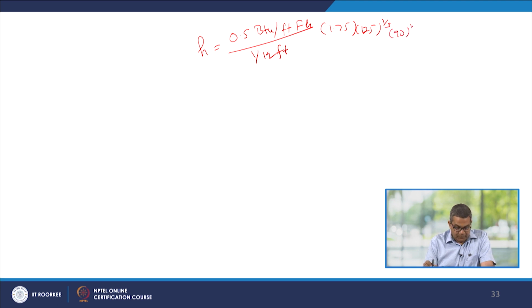So, putting all values in the equation, we get H is equal to 0.5 upon 1 by 12 into 1.75, 125 to the power 1 by 3 into 90 into 11.182, 3.315, 0.14, which is equal to 69.73 BTU.